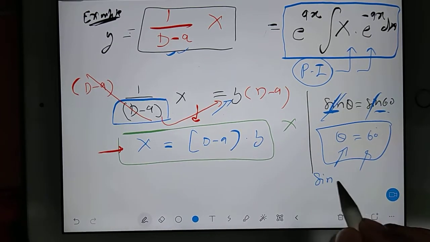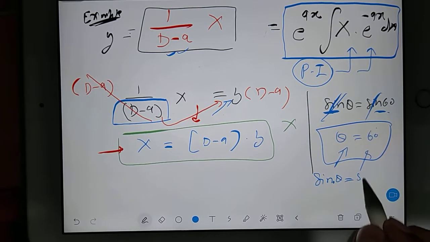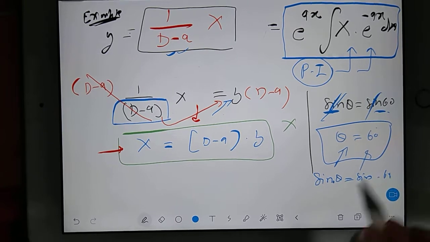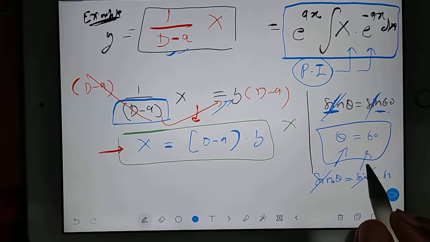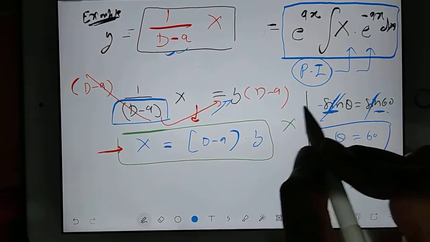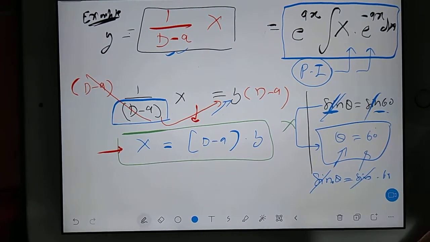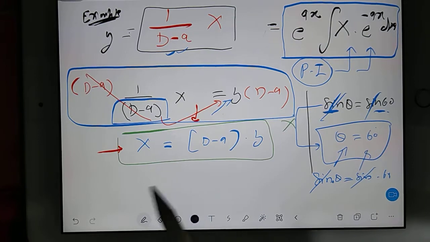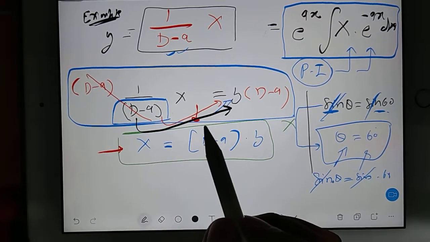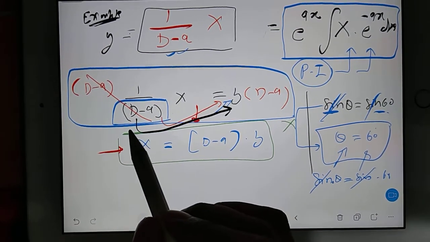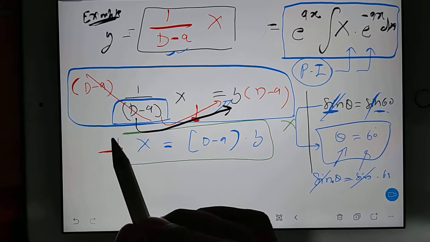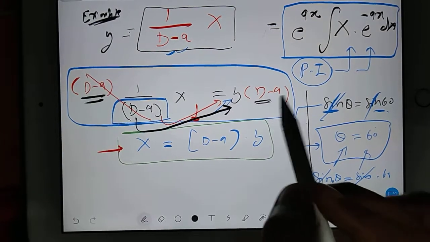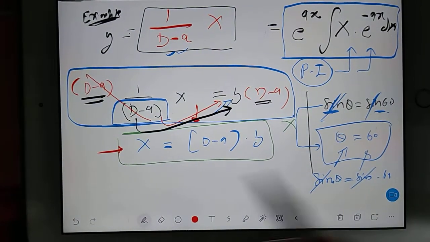I mean, it is not like you have sine into theta is equal to sine into 60 and you are cancelling sine. No, I hope you are getting my logic. Okay, after this step logic works, mathematics does not work. So in same way, similar situation is here. I am sending this D minus a this time, but this is loose. Okay, this is loose concept. Real concept is multiply D minus a both side. Anyway, that is not our main focus.